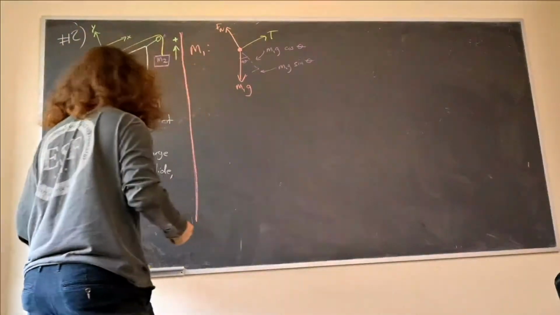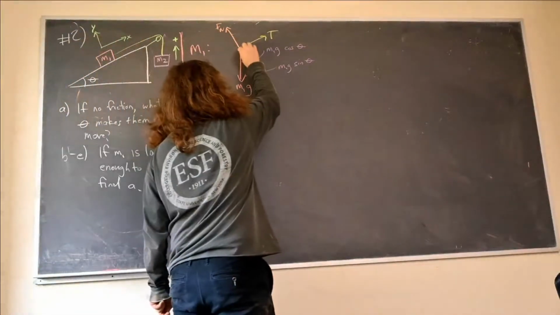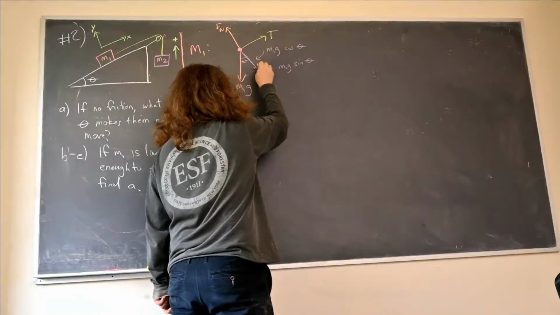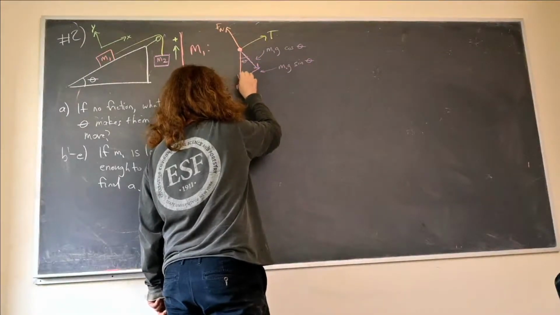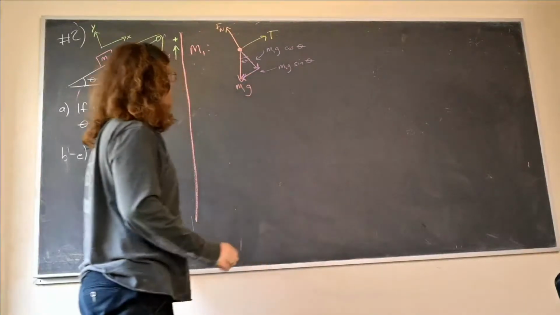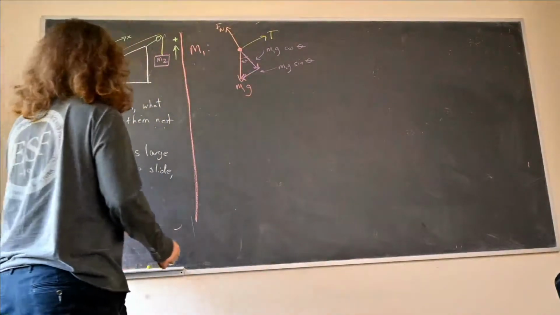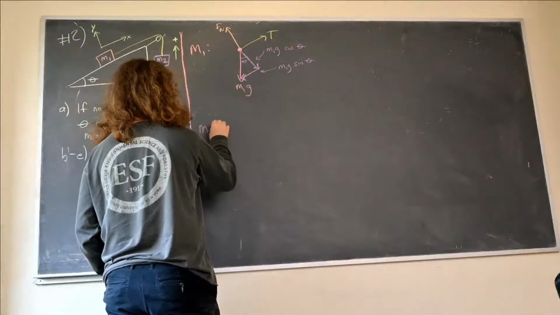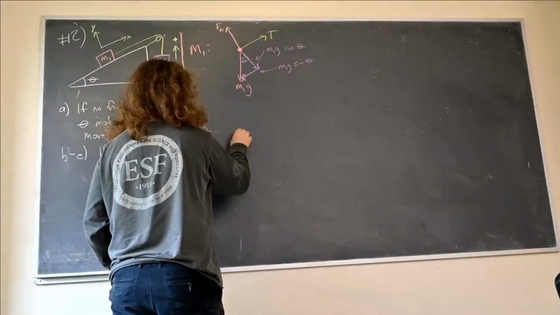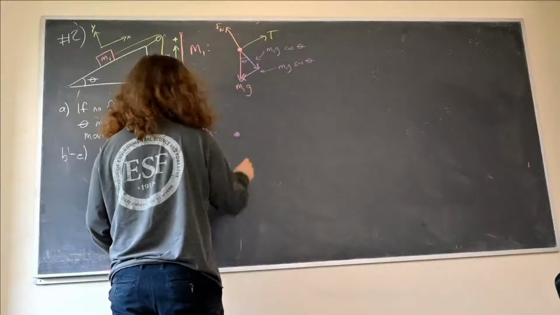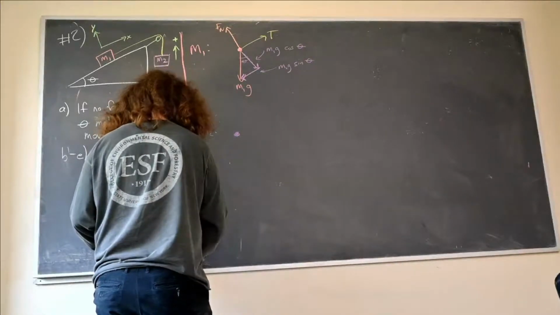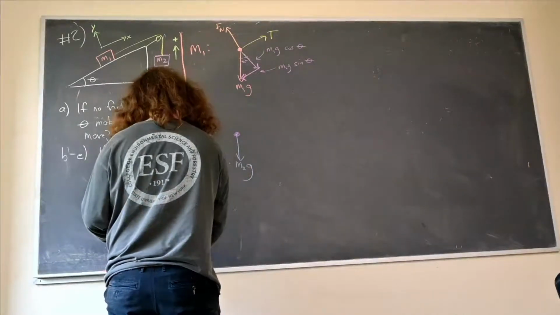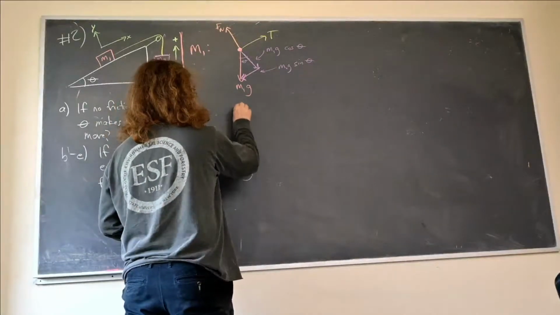But remember, it's that way and that way. And for M2, it just experiences its gravity going down, m2g, and then the tension in the string going up.